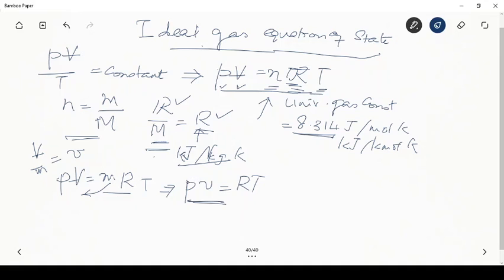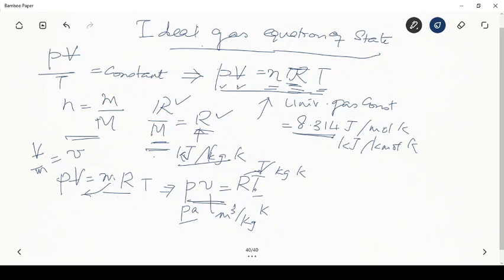In this case, P is the pressure, which will be in pascals or kilopascals or bar. In SI units it is pascals. This v would be in meter cube per kg, and this T would be the absolute temperature in Kelvin, and this R therefore would go to joules per kg Kelvin, because the product of pascal into meter cube is newtons per meter square into meter cube, which is newton meter, which is joules.